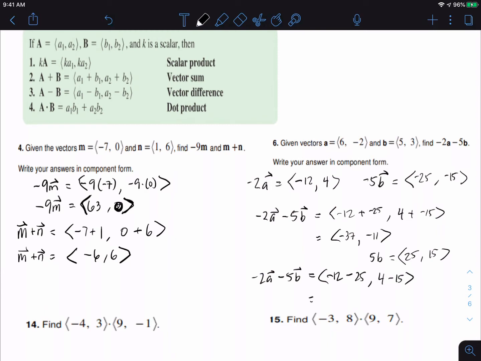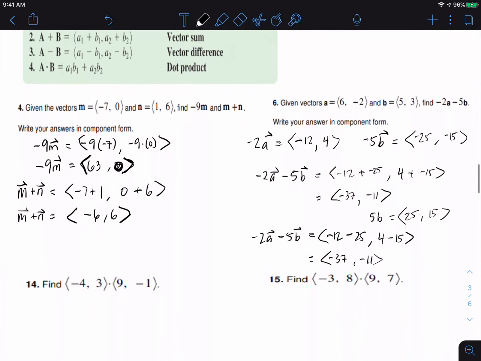And then that's going to give me negative 37 and negative 11. Does that make sense? I just want you guys to be able to see it both ways, but using the subtraction rule would have been that second way. Okay?